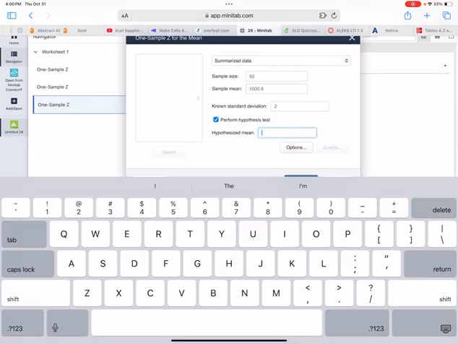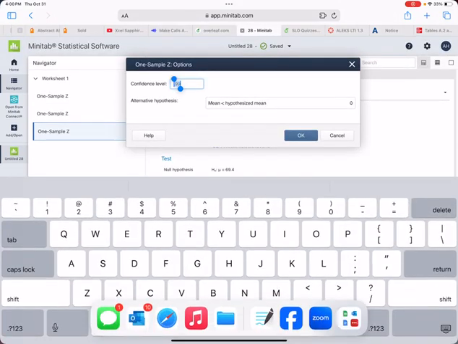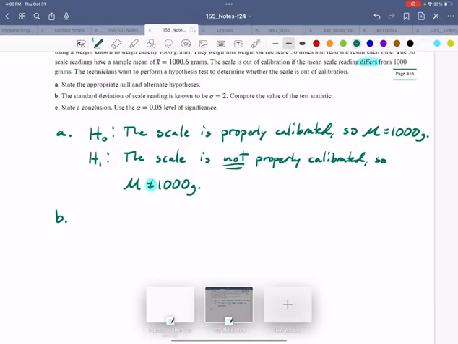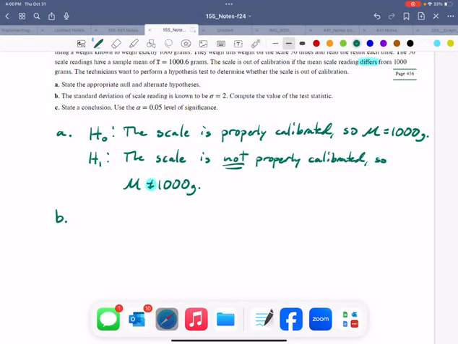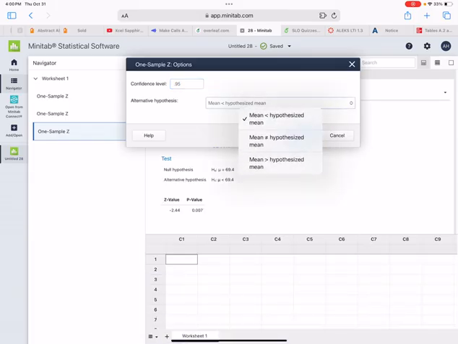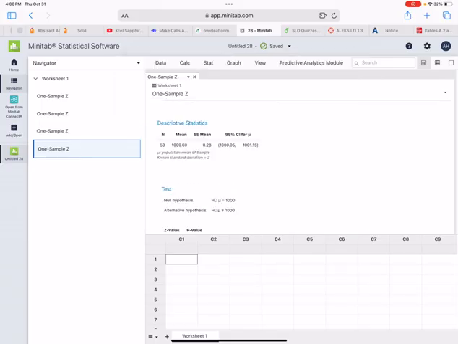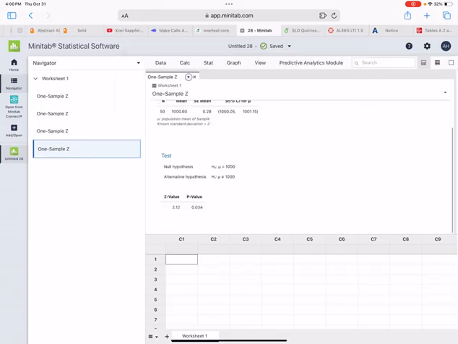What was the hypothesized mean? It should be 1,000. And now here, what significance level did they want us to use? 0.05. Okay, so 0.05 means 0.95 confidence level. And here we're going to make sure that we do mean is not equal to the hypothesized mean. All right, and that's our answer.